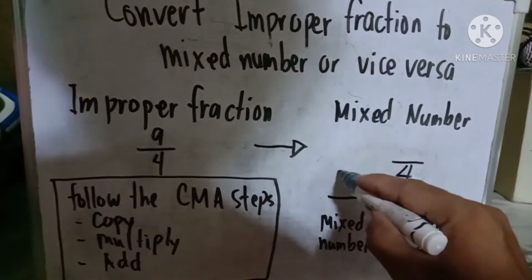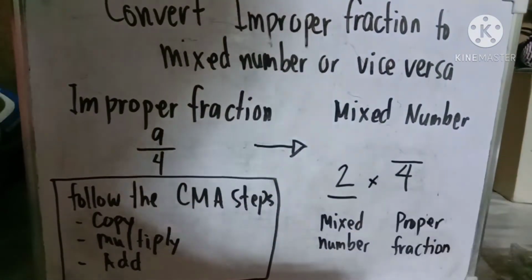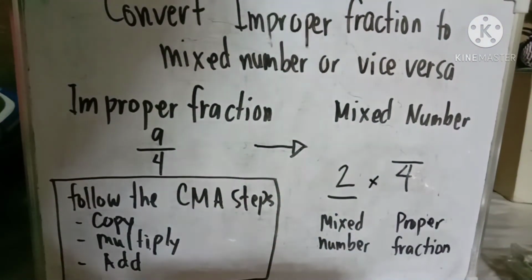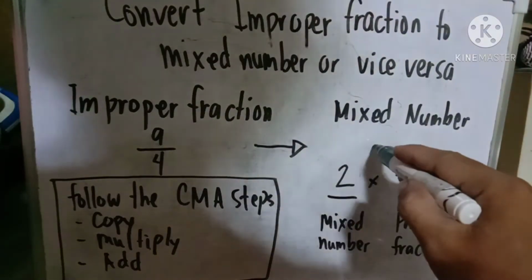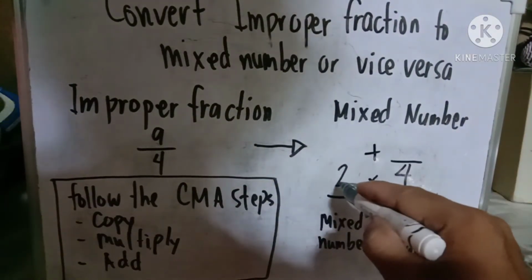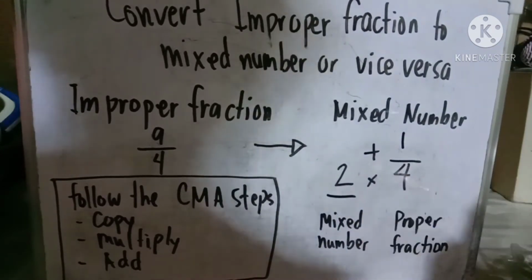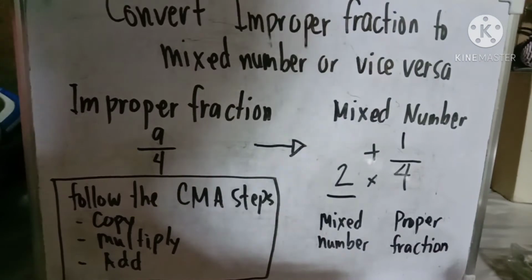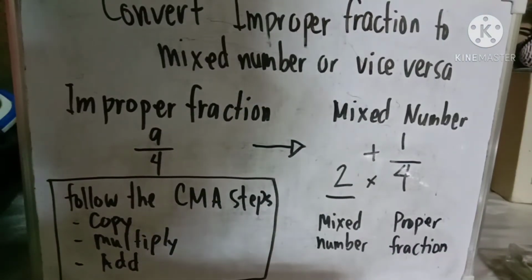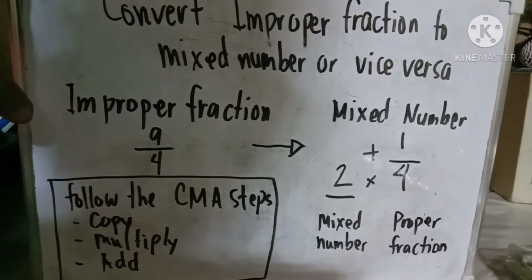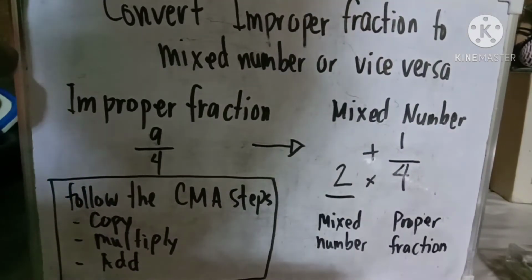I think that is 2 because 2 times 4 is 8. After that you need to add the numerator. So we have here 4 times 2 is 8, then plus 1 to become 9. Okay, get it? So that's it children. Improper fraction 9/4 becomes mixed number 2 and 1/4.